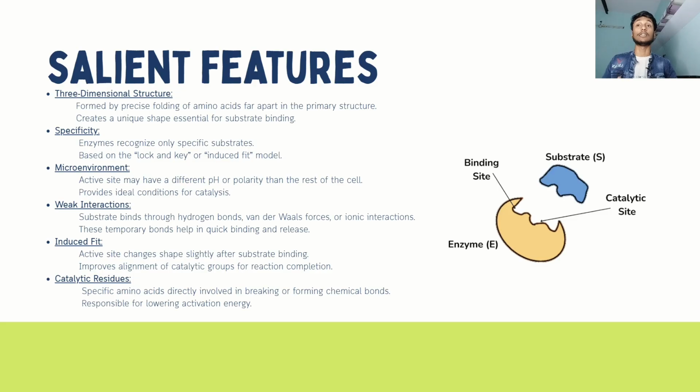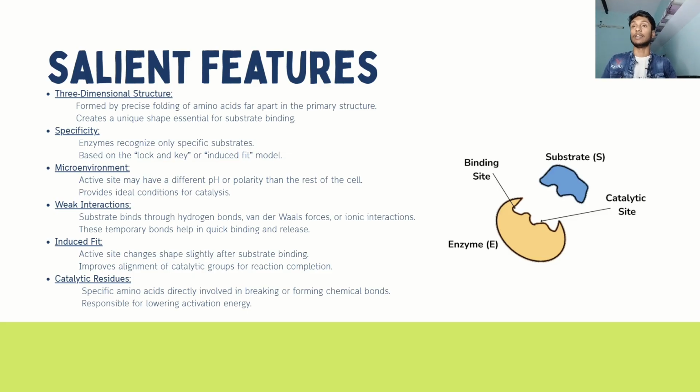Microenvironment: active sites may have a different pH or polarity than the rest of the cell, so it provides ideal conditions for the catalyst. Weak interactions: substrates bind through hydrogen bonds, van der Waals forces or ionic interactions. These interactions are temporary bonds helping quick binding or release of a substrate.